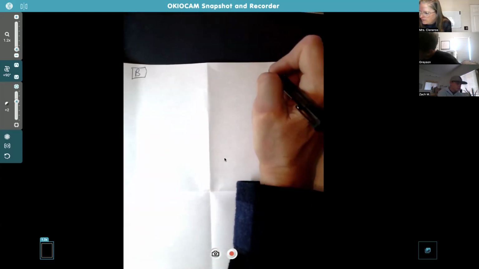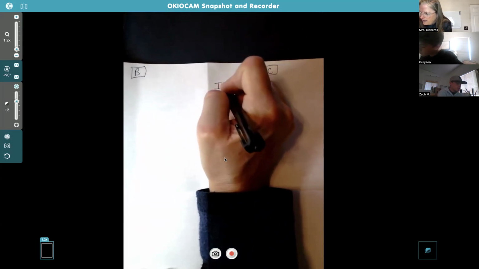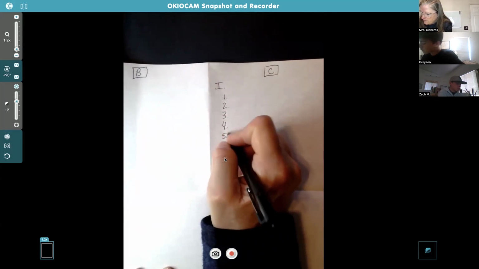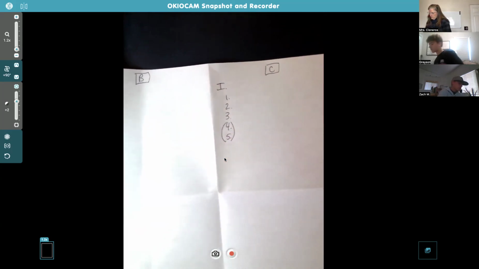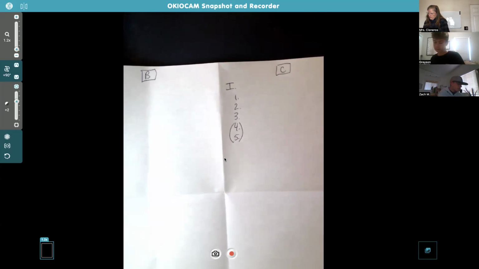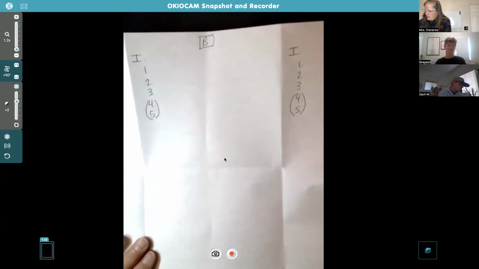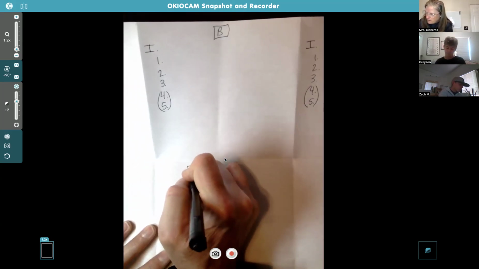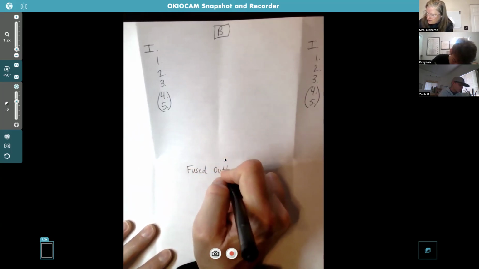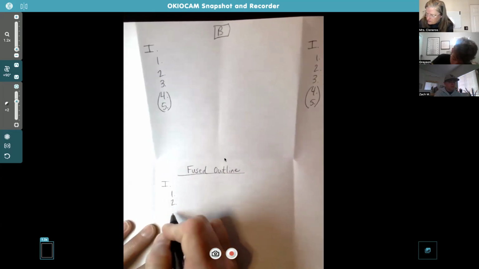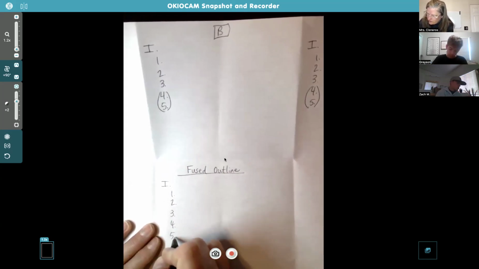And C, Roman numeral 1, 1 through 5. And then at the bottom, like usual, we're going to put fused outline. This time it's going to be Roman numeral 1, 1 through 6, and no parentheses on this one.